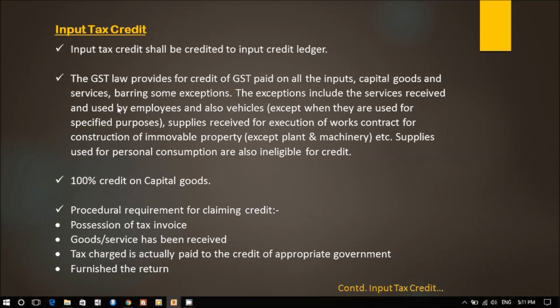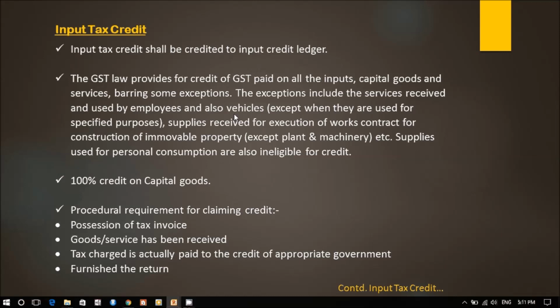The exceptions include the service received and used by the employee. If your employee is using any services or consuming any goods, then its credit would not be allowed by the employer. And also the vehicles.